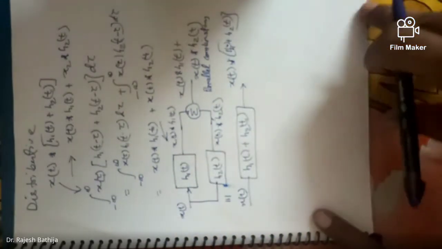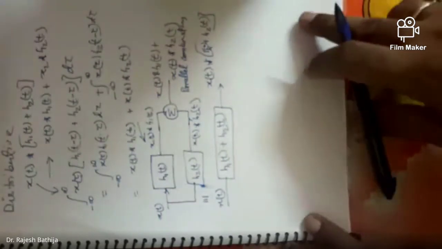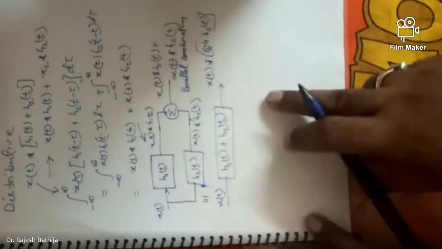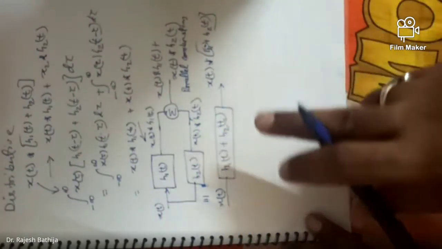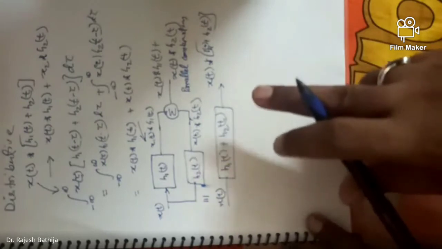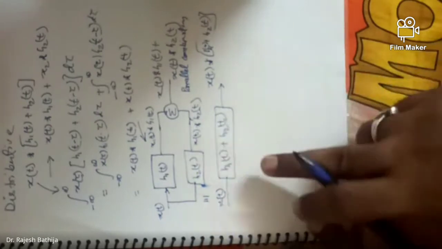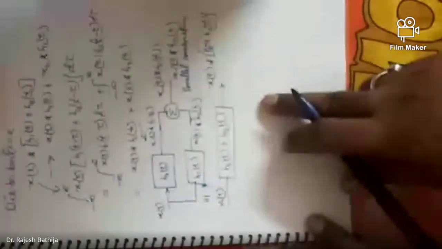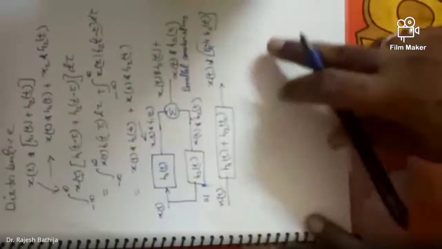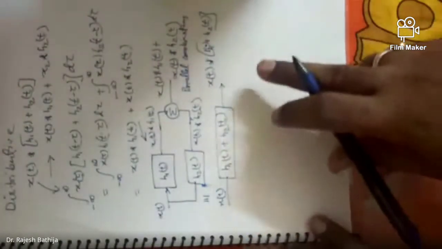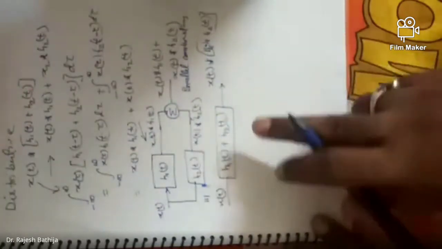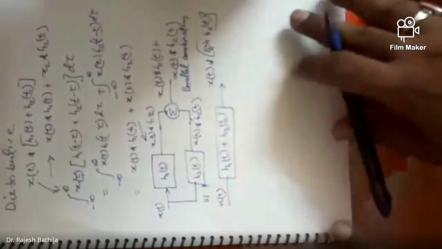Got the point? Yes, sir. From this distributive property comes this very important concept, that if more than one system is connected, all these systems should be LTI. Remember always, whenever there is a discussion of h of t or h of n, the system should be LTI only. Otherwise, we cannot discuss h1(t) or h2(t), right?